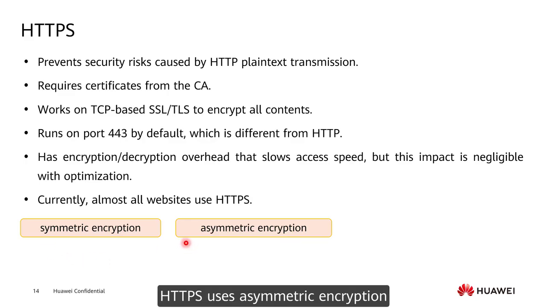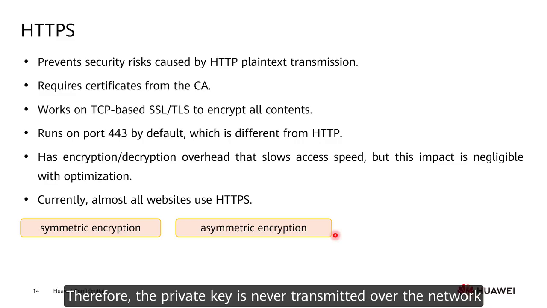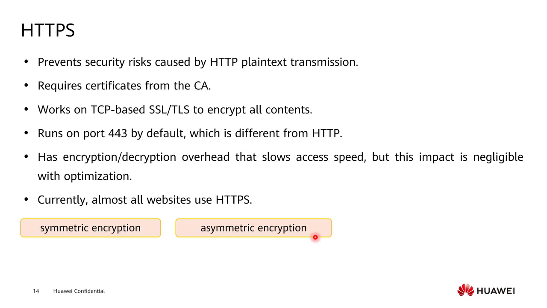HTTPS uses asymmetric encryption. The server generates a pair of keys, including a public key and a private key. The public key is used for encryption, and the private key is used for decryption. Therefore, the private key is never transmitted over the network.